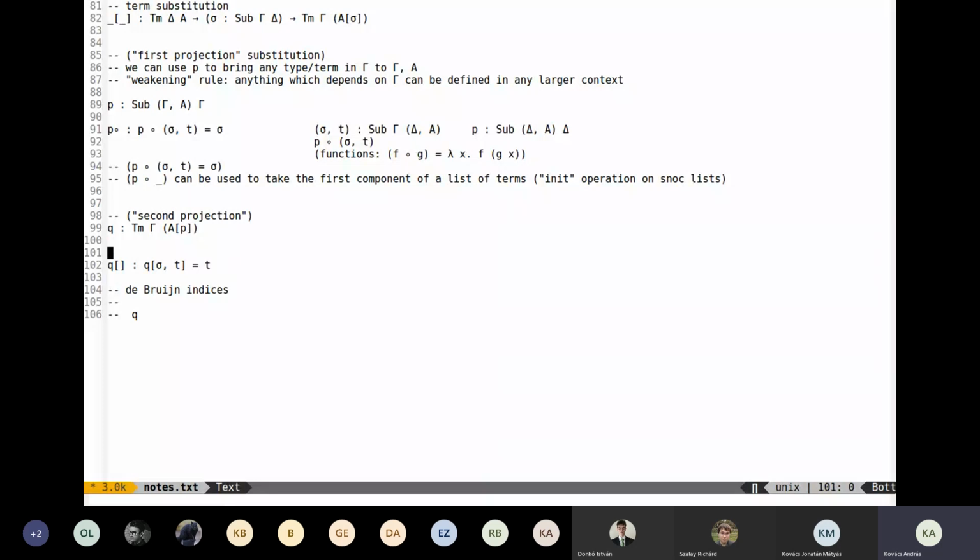Here I did a mix-up because I started to write down a definition of Q in the other style. Sorry for that, but let's review this other definition. So Q is just a term. If we have an implicit argument type, which is in gamma, P.